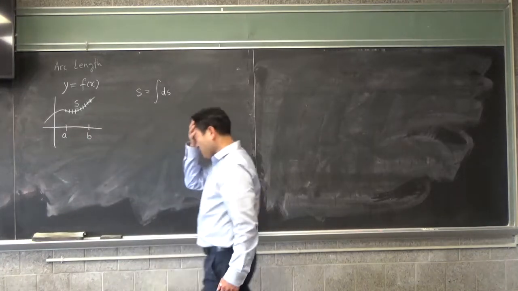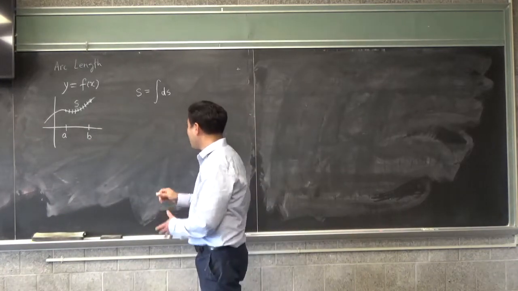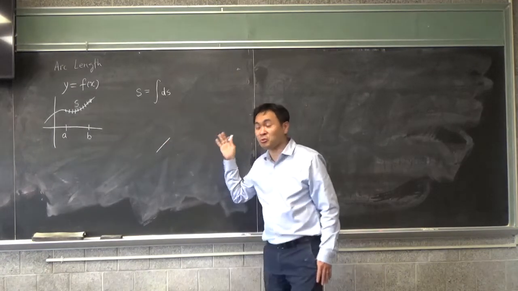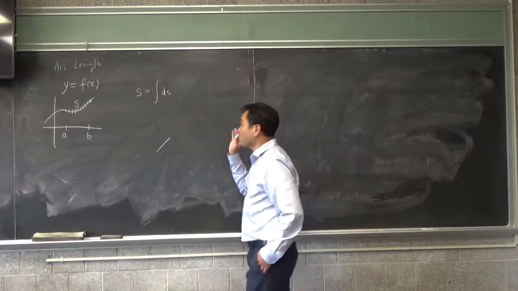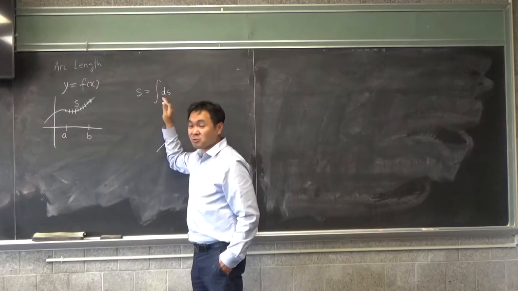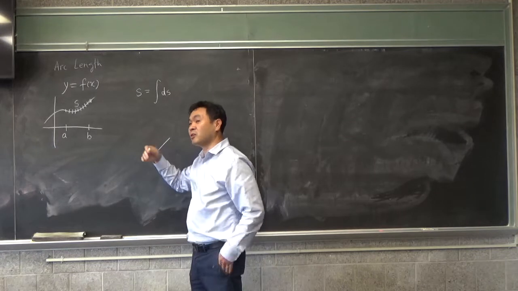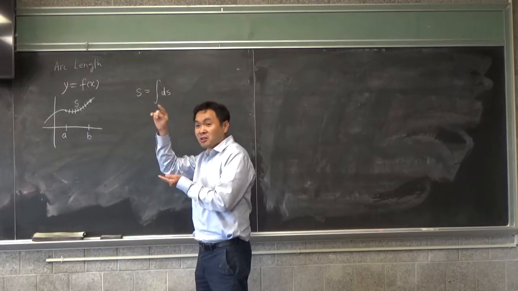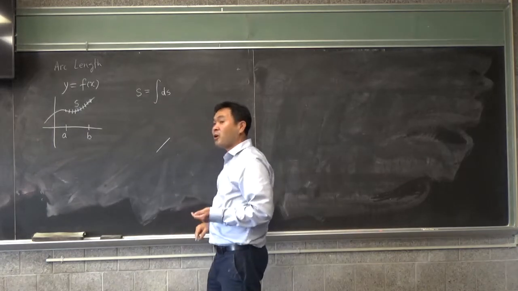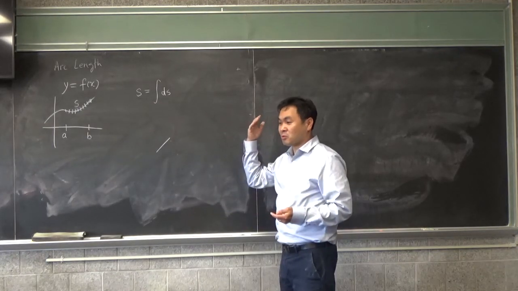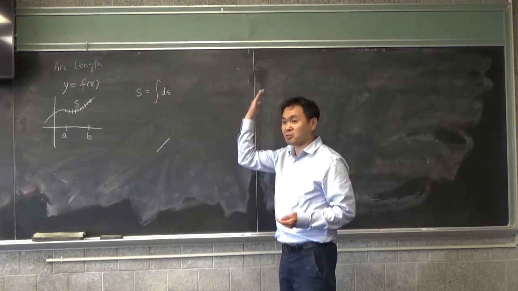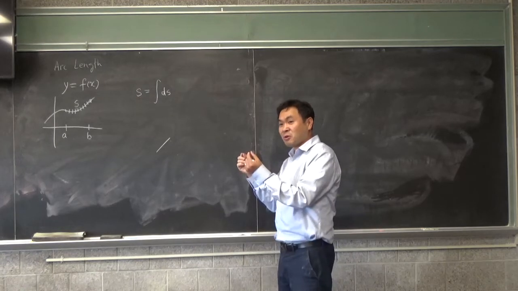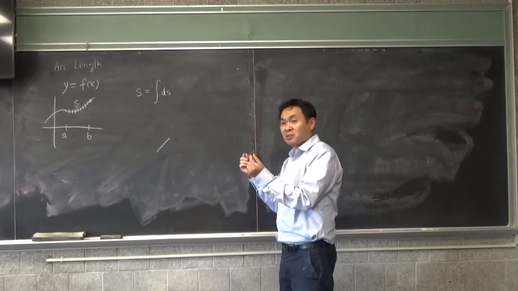So what was I trying to say? The beauty of it is that once you chop it up into small pieces, the geometric object looks really simple, and that's what makes all such arguments work. When we did areas, we divided into very thin strips, and they started looking like rectangles. For volumes, when we took an object of revolution and chopped it, they became washers with very small thickness, almost like a cylinder.